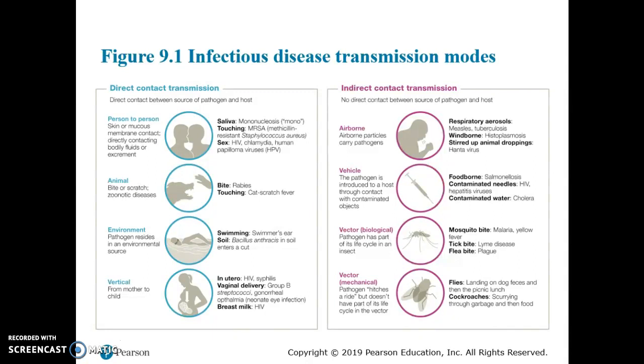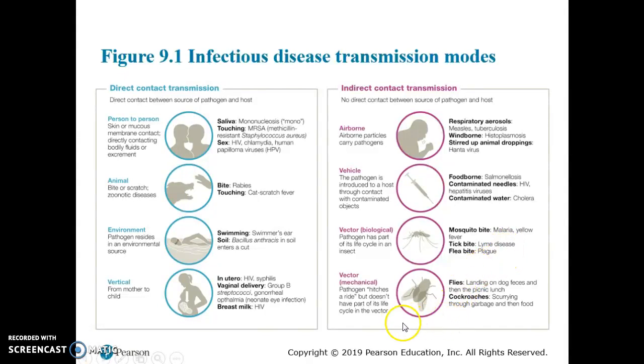And if it's a biological vector, then that means the pathogen lives inside, has part of its life cycle that occurs within the organism. And there's a lot of diseases that are caused or transmitted in this method. You've got mosquito bites that will transmit malaria, yellow fever, tick bites, flea bites that transmit other bacterial diseases.